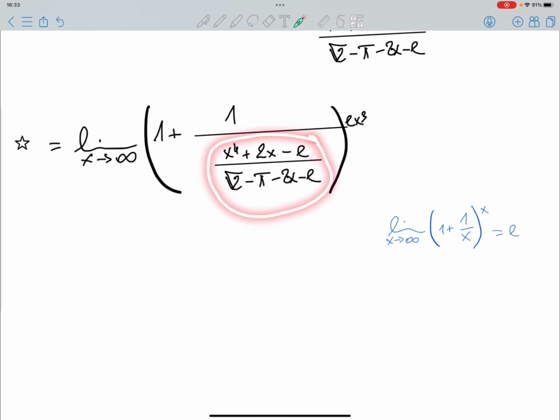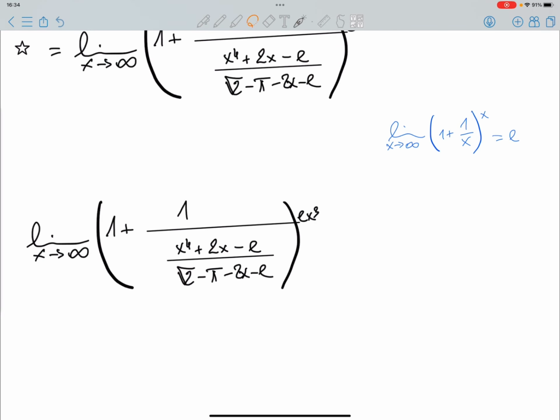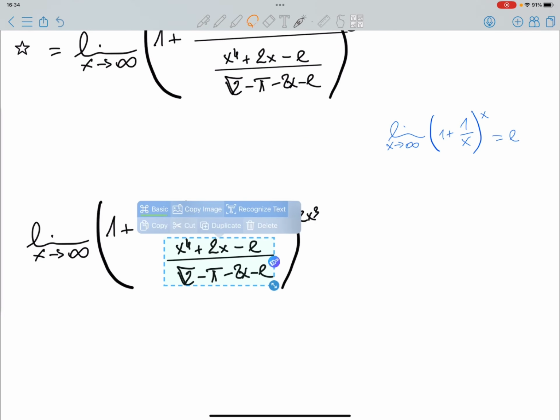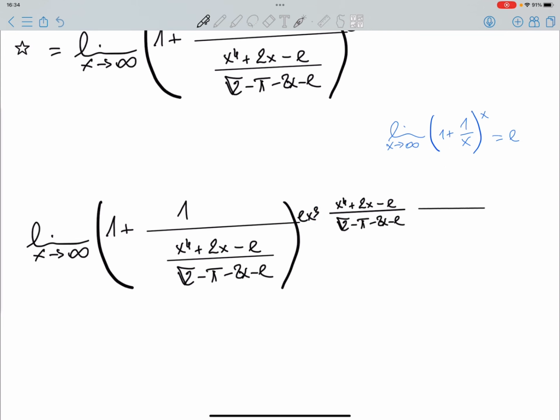We have this here, and we need to get the same thing in the exponent, so we can create that. We write this, and then multiply it by the inverse. We flip this, so the numerator square root of 2 minus pi minus 2x minus e goes on the top, and on the bottom we have x to the power 4 plus 2x minus e.